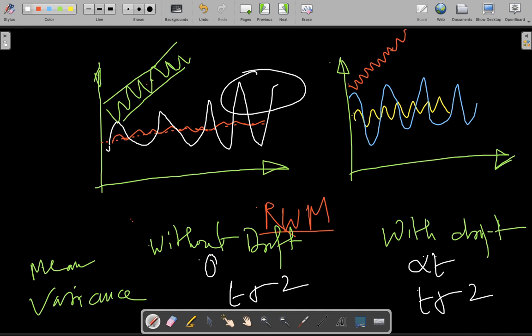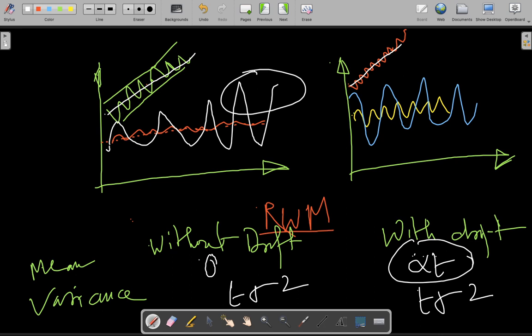On the other hand, if I consider the random walk model with drift, the mean is equal to alpha t. When I have a mean alpha t, that means with time my mean is increasing. It is something like this, or probably this.